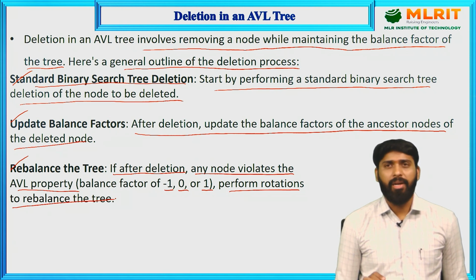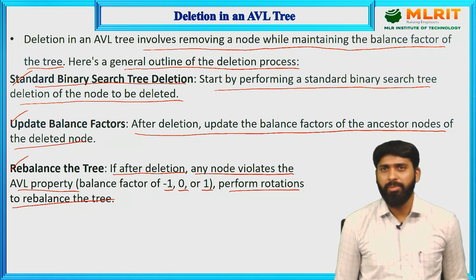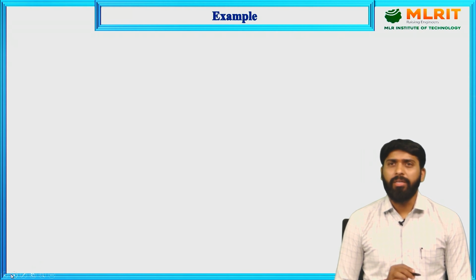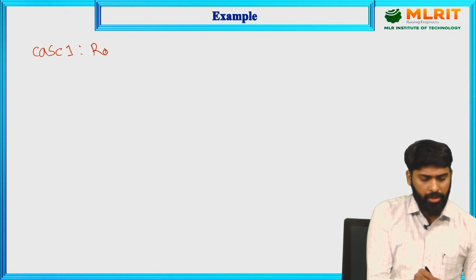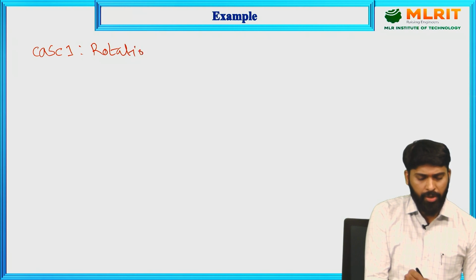Let us discuss with examples. When we try to delete an element from an AVL tree, we have two cases. Case 1: rotation is not required.